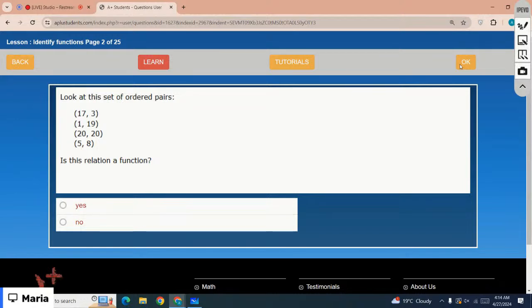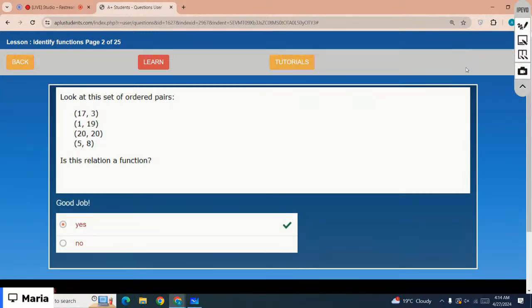Okay, the next one is, look at this set of ordered pairs. Is this relation a function? Which is the correct option? The correct option is yes, it is, because for each value of x, there is only one value of y. So yes, this is the correct option.